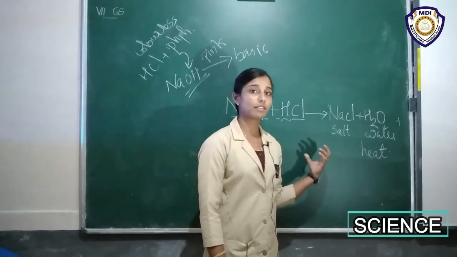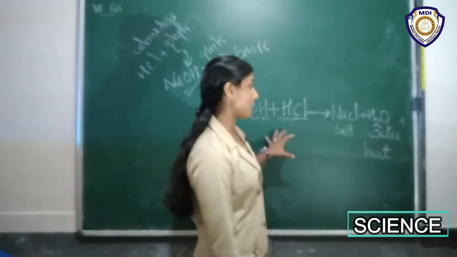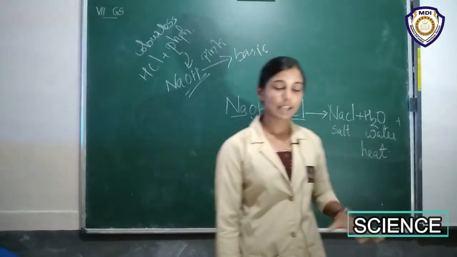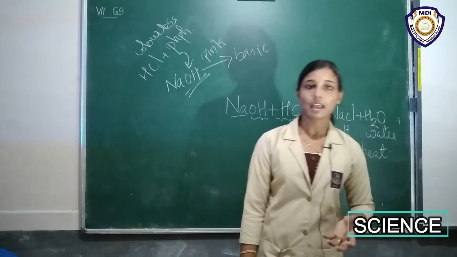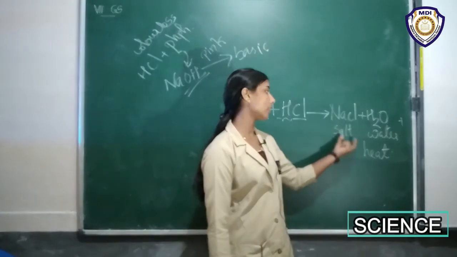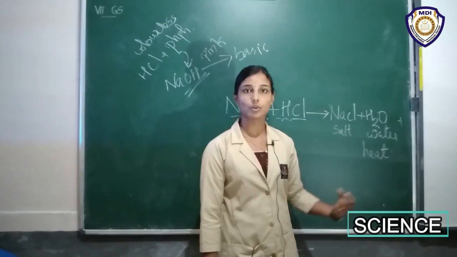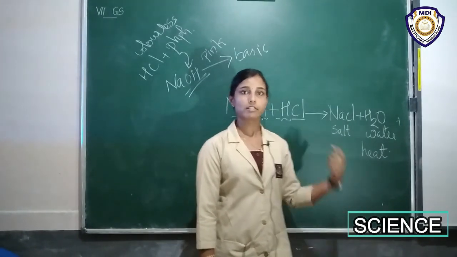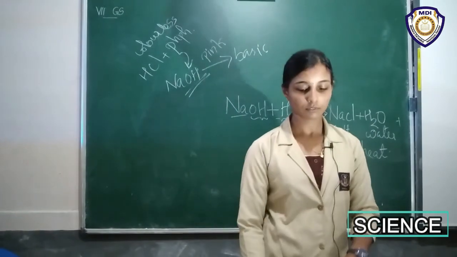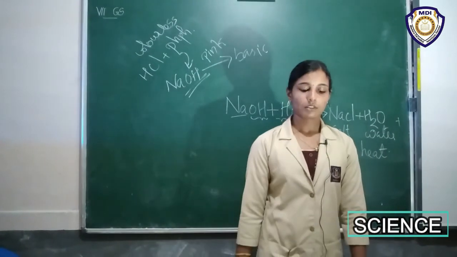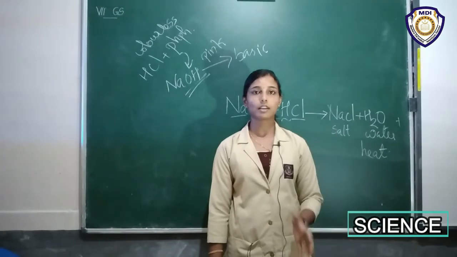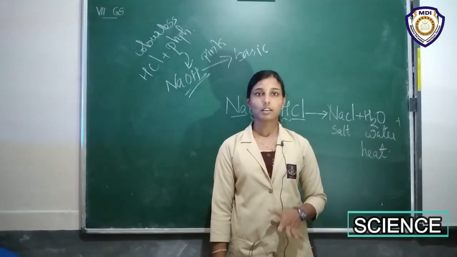So we have discussed neutralization, how it happens and what the products are, that is, salt and water along with heat produced during a neutralization reaction. So now we have completed neutralization.